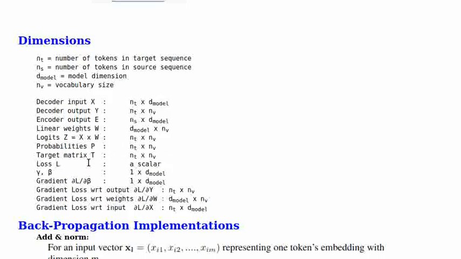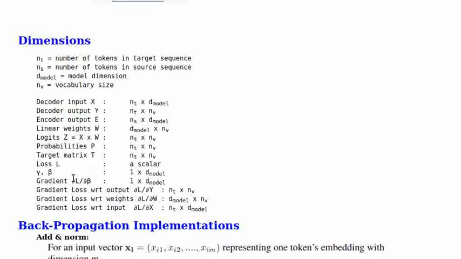The target matrix we mentioned, T, is nt times nv. The loss L is just a scalar, the output of the softmax model. And gamma and beta are 1 times d model. So they are basically column vectors. And the gradient dl d beta is 1 times d model.